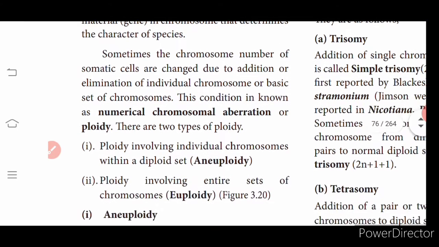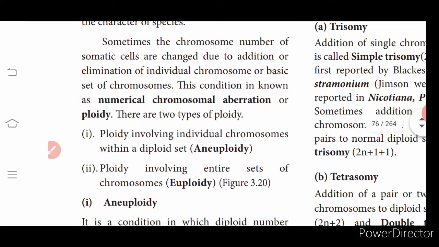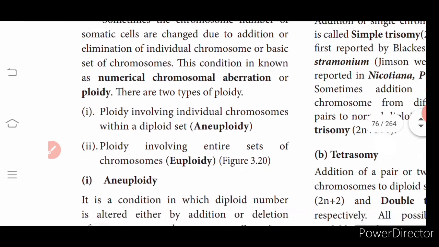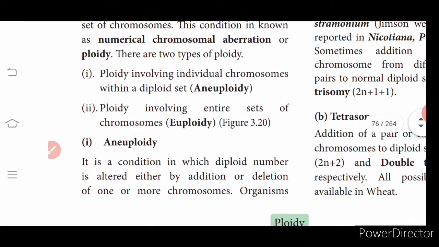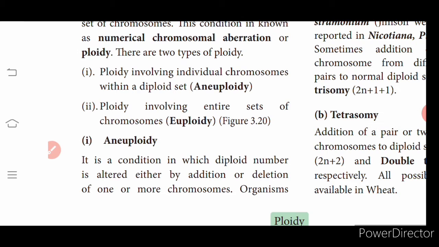Some of the chromosome numbers of somatic cells are changed due to addition and elimination of individual chromosomes. This condition is known as numerical chromosomal aberration or ploidy. There are two types of ploidy, aneuploidy and euploidy.